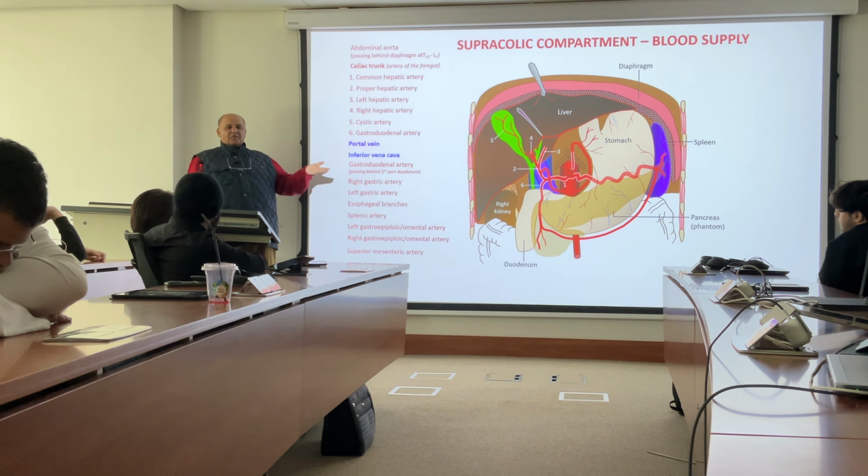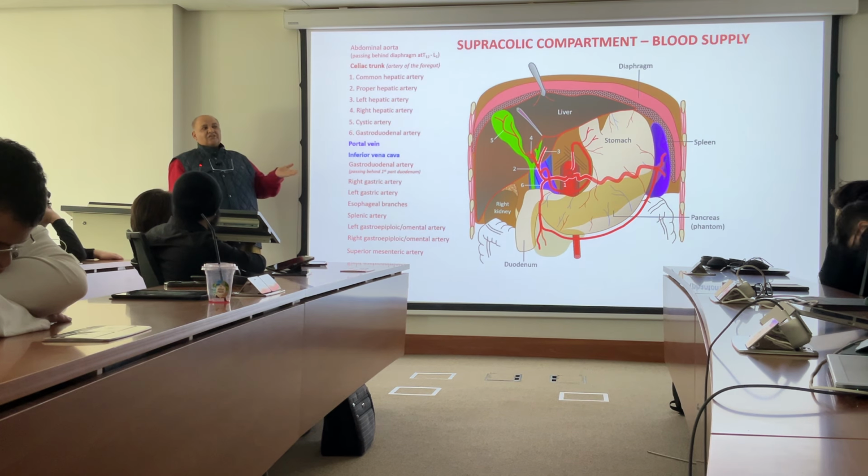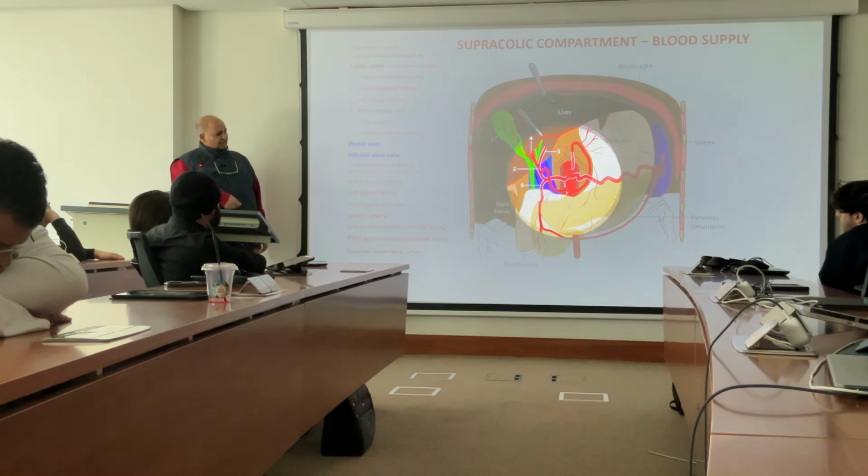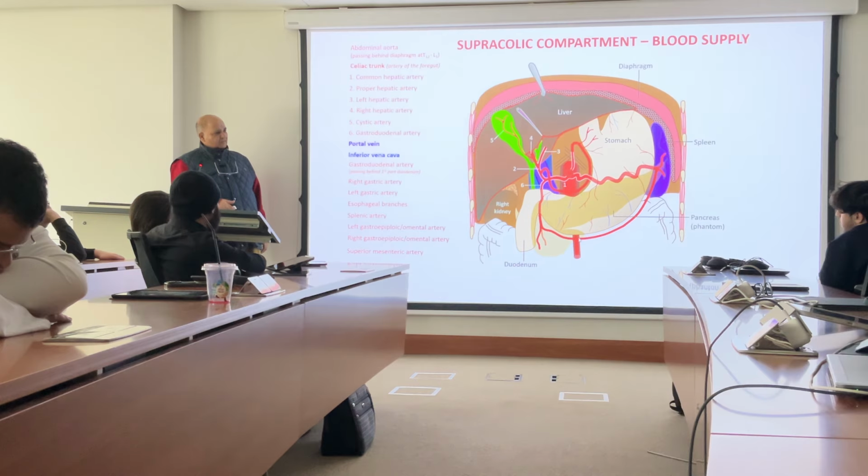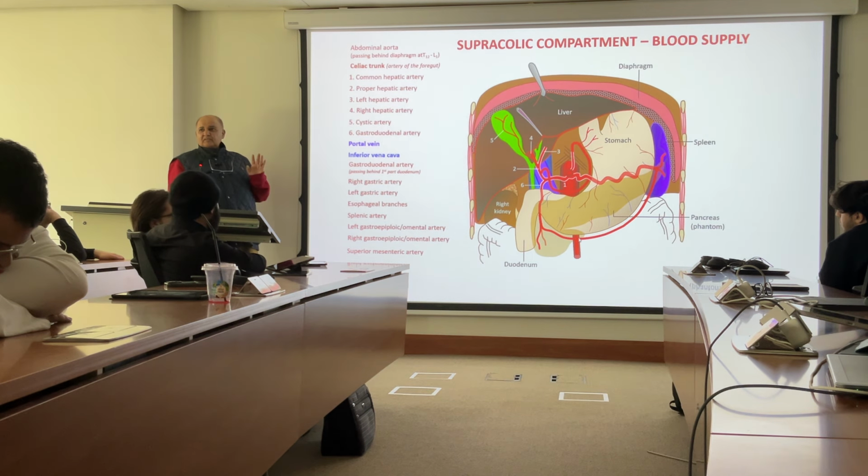So the half which comes from the foregut will get its blood supply from the celiac, and the half which comes from the midgut gets its blood supply from the superior mesenteric artery. But this is not our topic today, I'm just mentioning it here. Yes, Jawad? When does the right gastroepiploic start? It's a branch of your gastroduodenal artery. That's it. Are we clear?